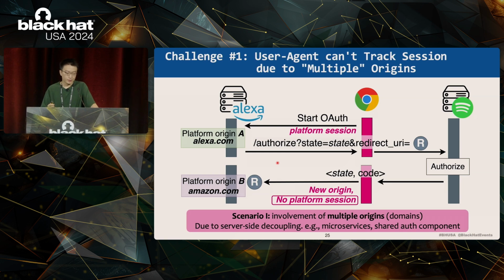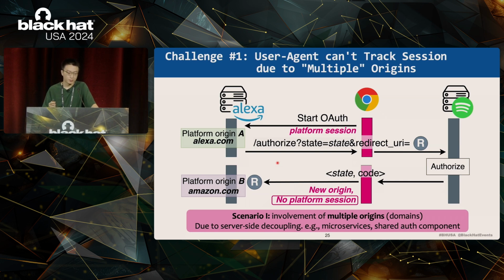So in this case, the user will first initiate the account linking from alexa.com, for example, and then after all the authorization information will finally go to Amazon.com, which will be in charge of all the account management.